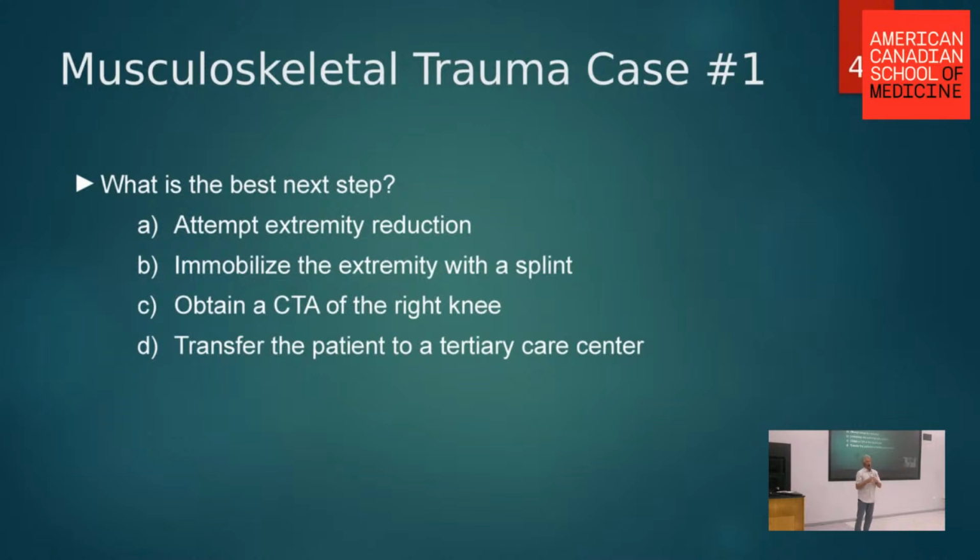A CTA of the leg is going to take a little while. You send them over to the CAT scanner. You have to inject dye, and usually before you inject the dye, you want to assess kidney function to make sure you're not going to make things worse. So while this patient may require a CTA, it likely wouldn't be the first thing that you would want to do.